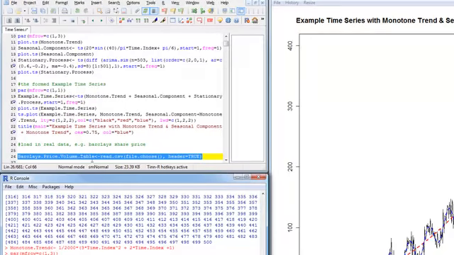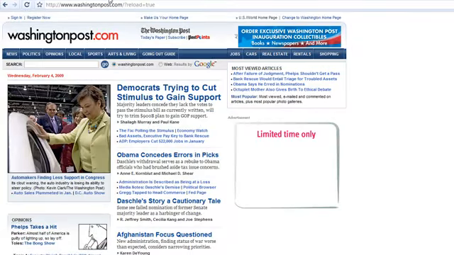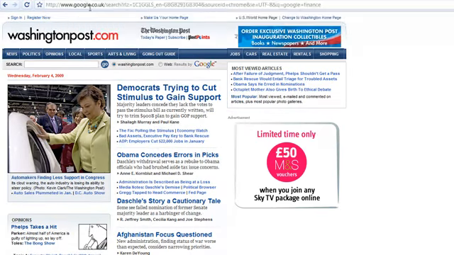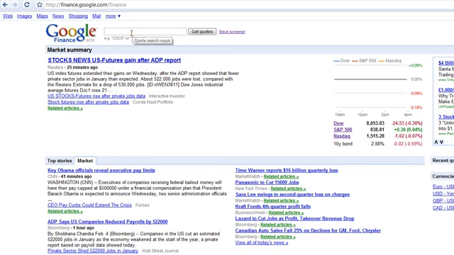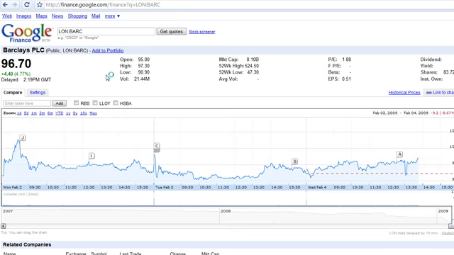So here I've taken some Barclays share price data and I've loaded that into R. I'll show you where I got that from. Okay, and this is Barclays share price data for today.